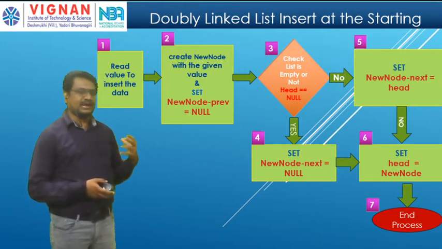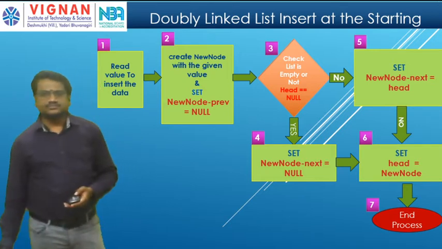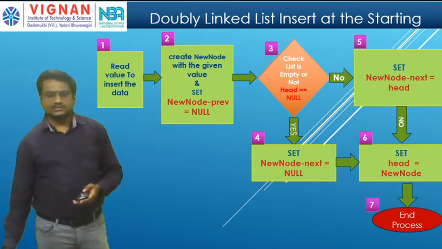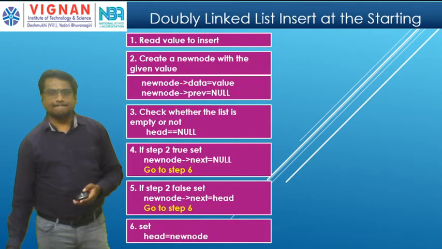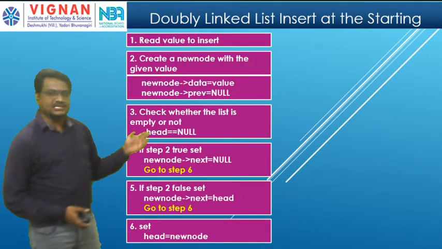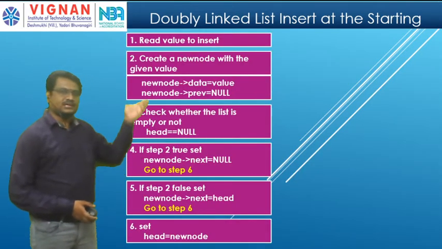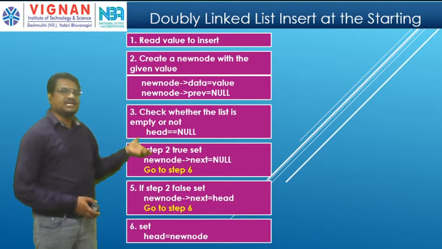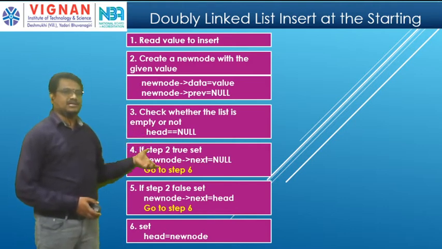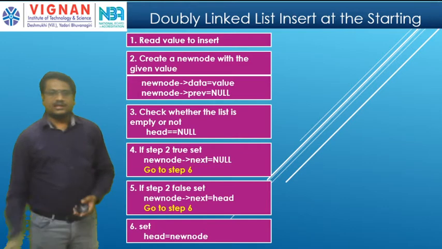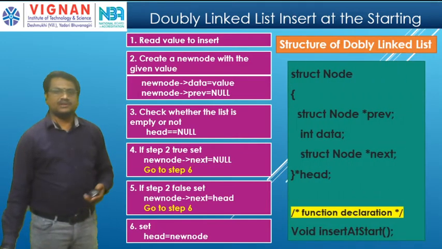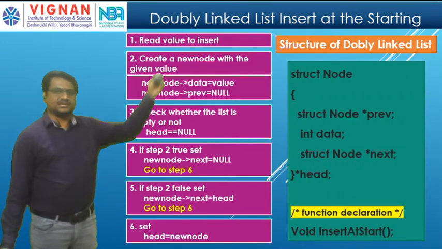Now I'm going to write the C program. These are the steps for inserting an element at the starting of the double linked list. As you know, the structure of a double linked list is this: a structure node.